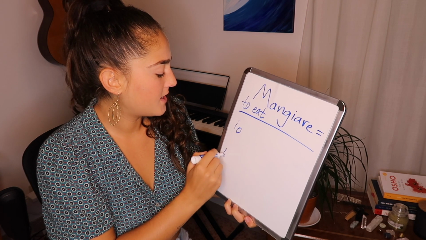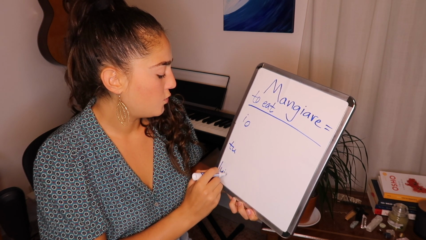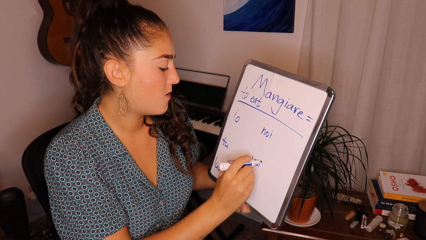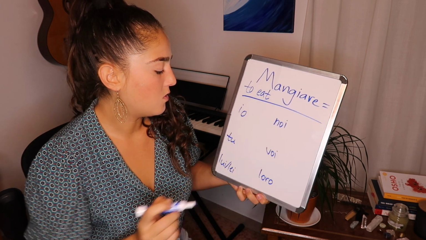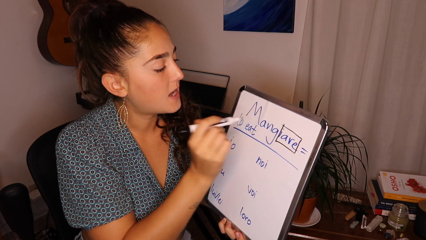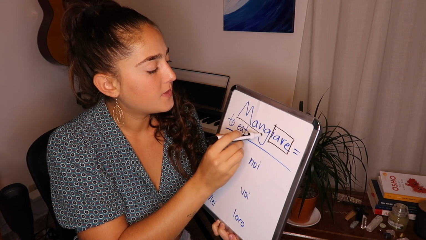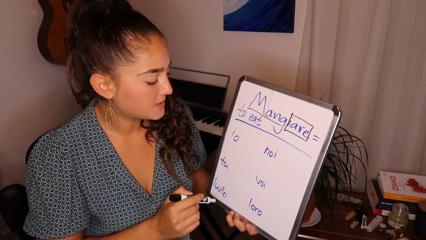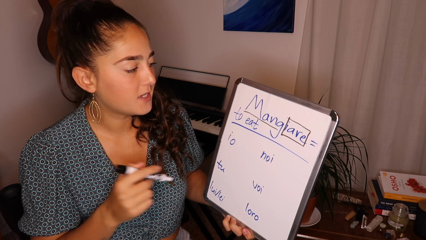So we have our chart, io, tu, lui, lei, noi, voi, and loro. To get our root, we'll take off the IARE and keep MANG. So we'll be adding these endings onto the MANG to get our verb.